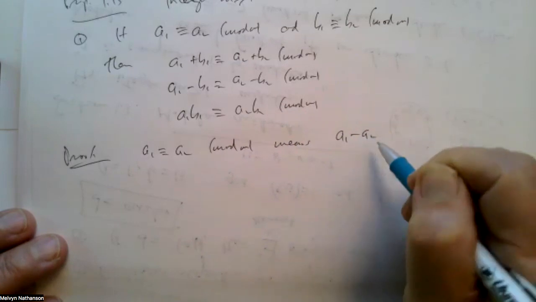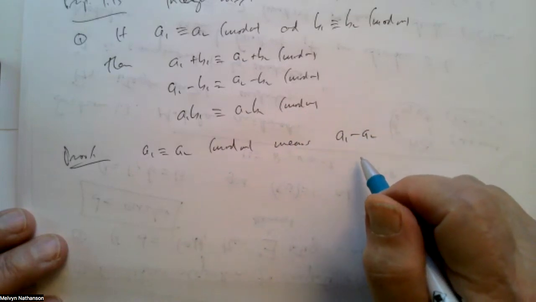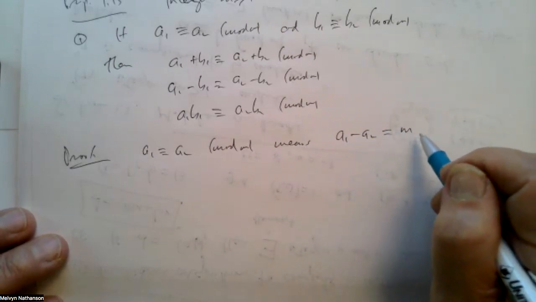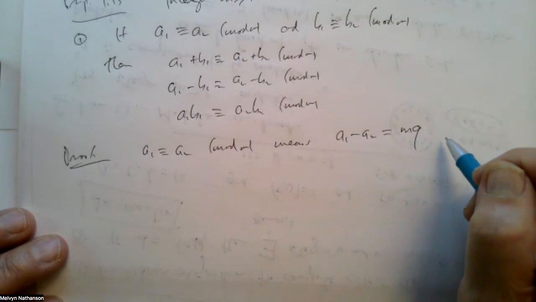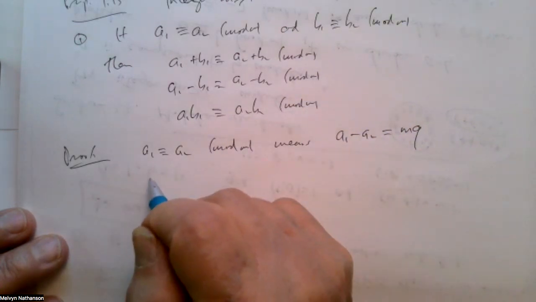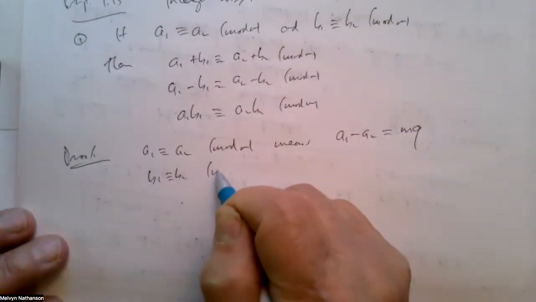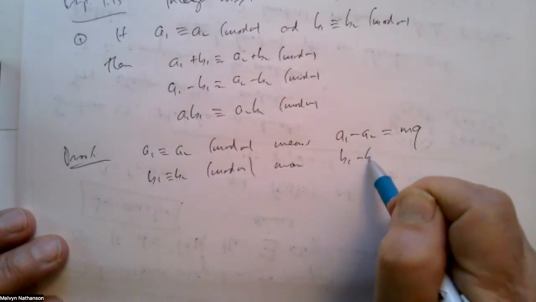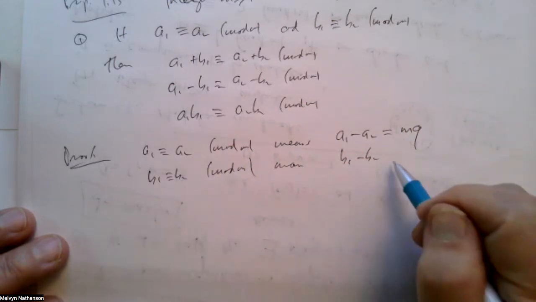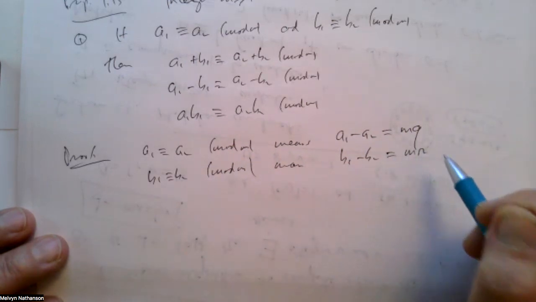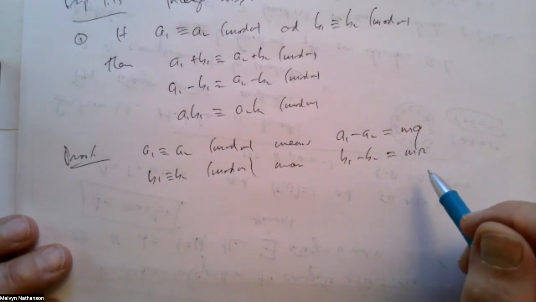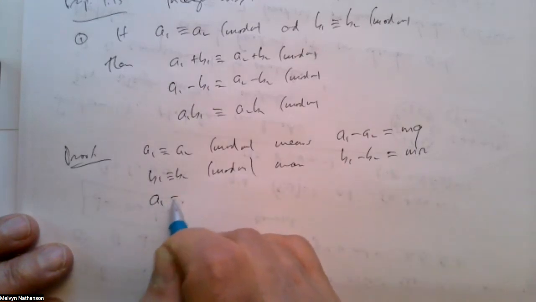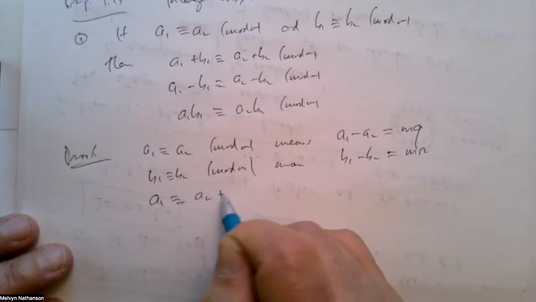A1 minus A2 is divisible by M. Say this is equal to M times Q for some integer Q. And B1 congruent to B2 mod M means B1 minus B2 is divisible by M. So maybe it's M times R for some R. Right? So A1 is A2 plus MQ.